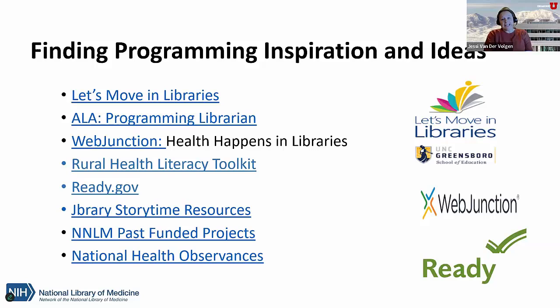And then we have our NNLM past funded projects and current funded projects that describe the primary population and the health project that was undertaken. And then finally, we have the National Health Observances, toolkits and resources from the Office of Disease Prevention and Health Promotion. And these fall more in the raising awareness category than extensive outreach.